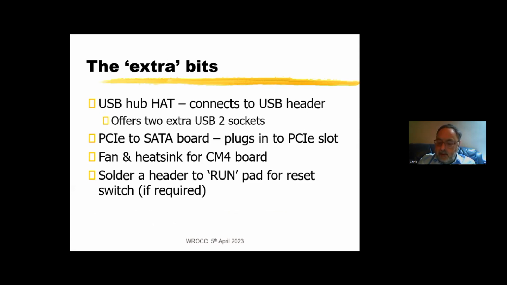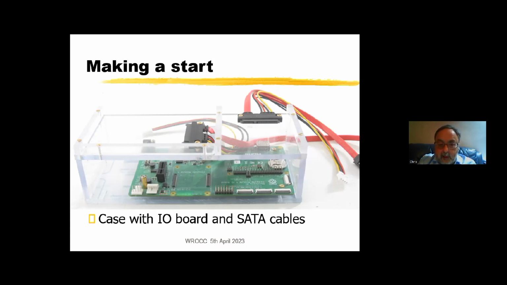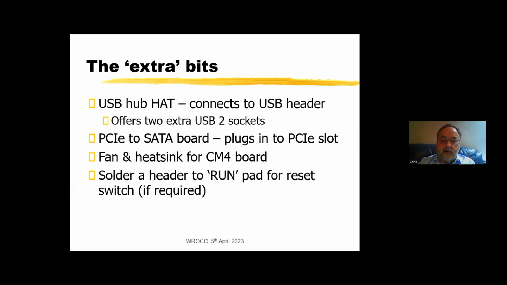Now, I don't know whether you'll notice, you can't see them very well in this, but there's only two USB sockets on the I/O board, an Ethernet socket and two HDMI sockets. So one thing that is useful is some extra USB sockets.